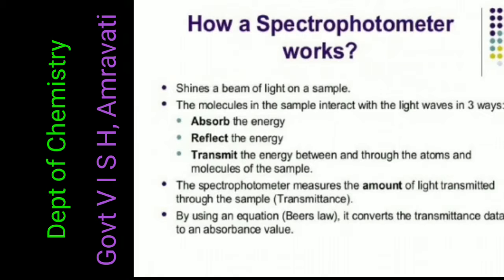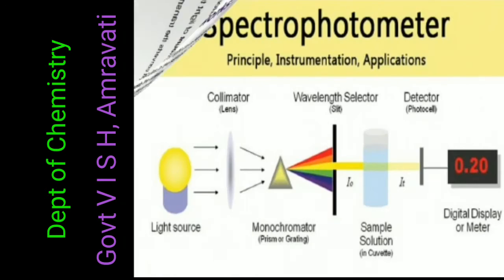Then what will happen after the transmission? The spectrophotometer measures the amount of light transmitted through the sample. After that, by using the equation of Beer's law, it converts the transmittance data to absorbance values. We can see the diagrammatic view of this. First of all, there is a light source, and the light passes through the prism, which separates the wavelengths.